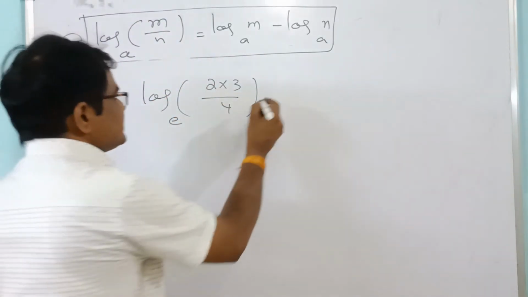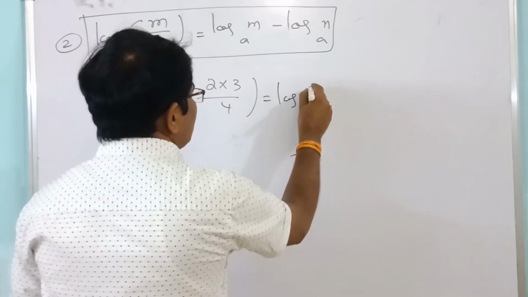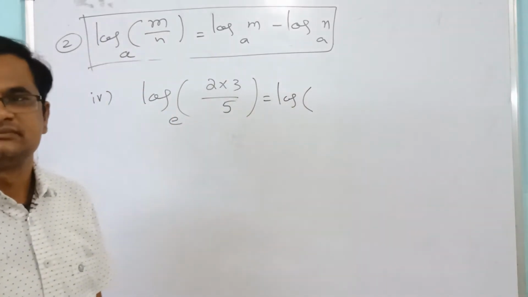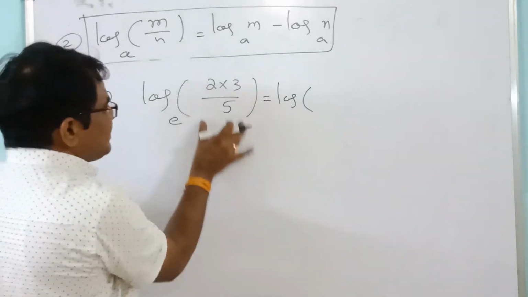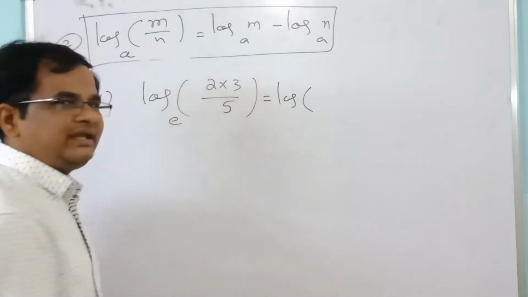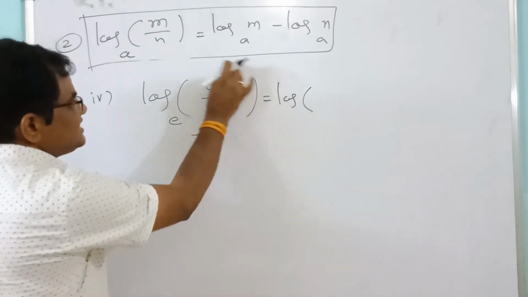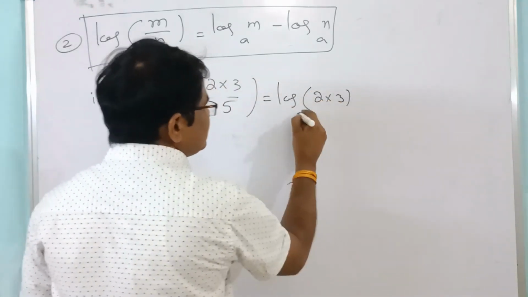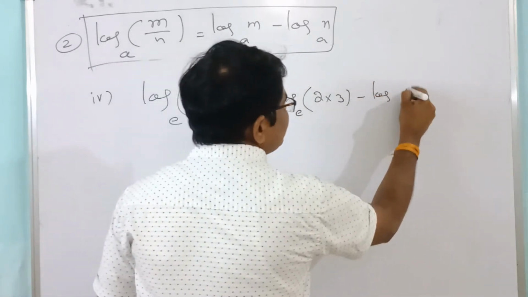If there is any cancellation, okay, but here there is no cancellation. This is m, this is n. So it is log of 2 into 3 to the base e minus log of 5 to the base e.